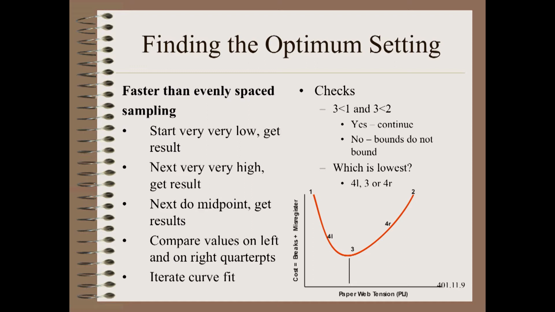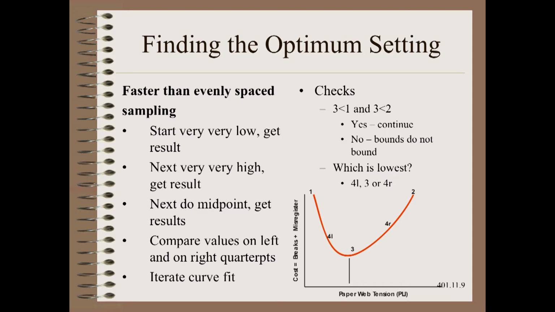Here is a similar but a little bit more complicated application of spending more time in the area of interest than elsewhere. Finding an optimum setting can be made quicker if you are willing to abandon evenly spaced trial setting conventions. First, you must have an objective function, which is the dependent variable.